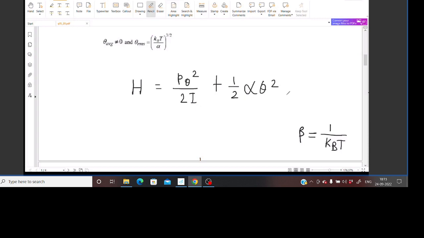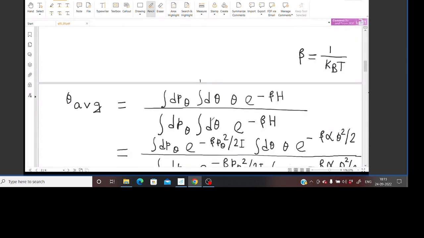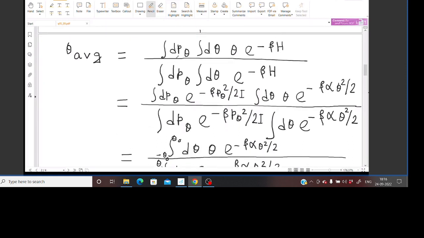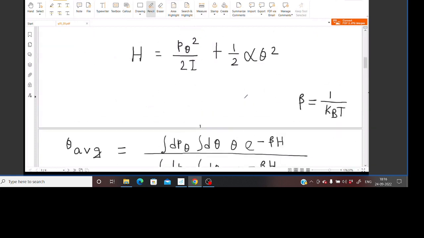half alpha theta square. Here, theta average is defined as integral dp theta integral d theta into theta into e to the power minus beta H, by integral dp theta integral d theta into e to the power minus beta H. Here we replace H by p theta square by 2I plus half alpha theta square.